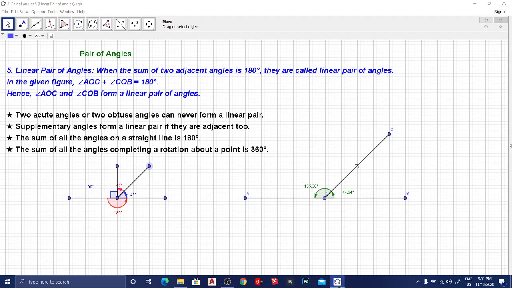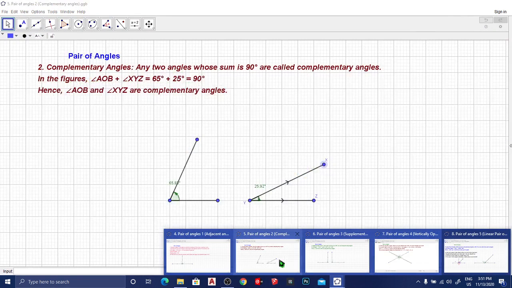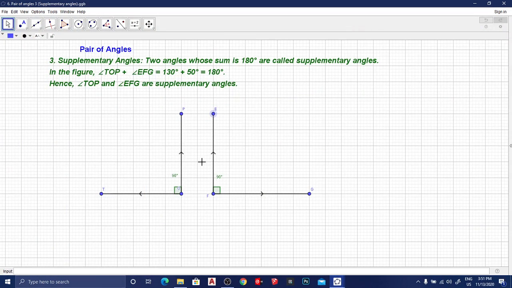Why is it so? How can you tell that? See here, these two are complementary, these two are supplementary angles, but these two angles are not adjacent to each other, because these two angles have two different vertices and two different arms here. If they are forming like this, having a common vertex and a common arm, then these two angles are called a linear pair.